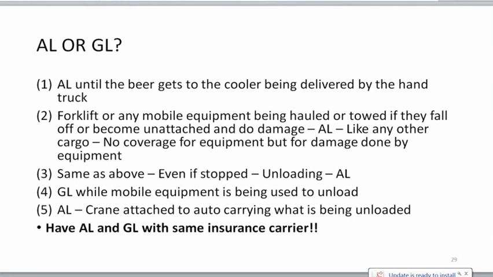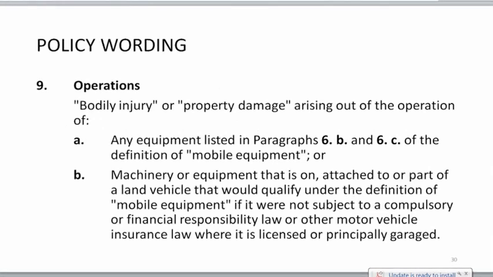There's many examples, but this is where auto and GL work together. And so what you find that's excluded in exclusion 7, handling property, 8, mobile equipment of the auto, is addressed or is not excluded in GL on the definition of loading and unloading.